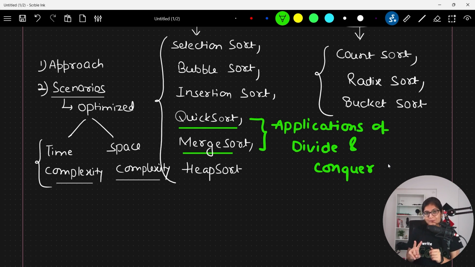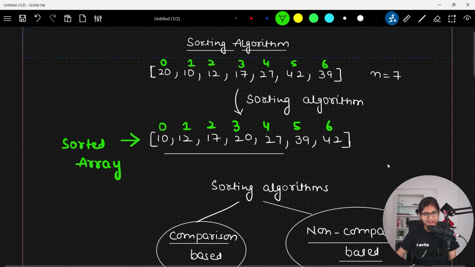Secondly, you have to see in what scenario it will be beneficial for us to use that kind of sorting algorithm or another one. On the basis of simply time and space complexity. Then only you will be able to see which one is the more optimized sorting algorithm, right? I hope that all these things will make sense to everyone.